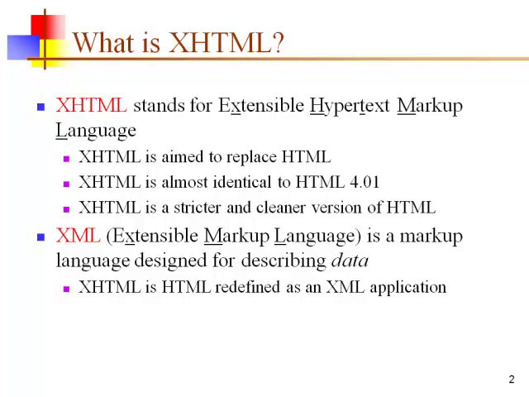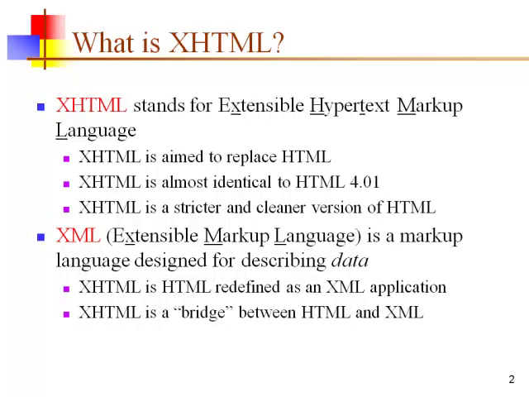XHTML is HTML redefined as an XML application. Most of the people will say that XHTML is a combination of HTML and XML. Of course, that's agreed, and instead of saying a combination of HTML and XML, I can say XHTML acts as a bridge between HTML and XML.